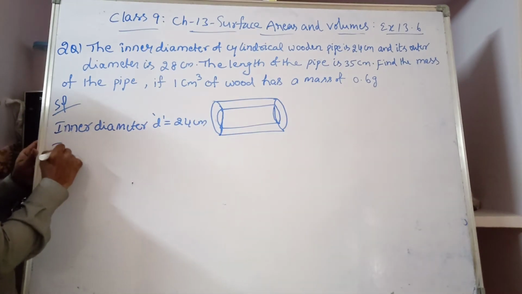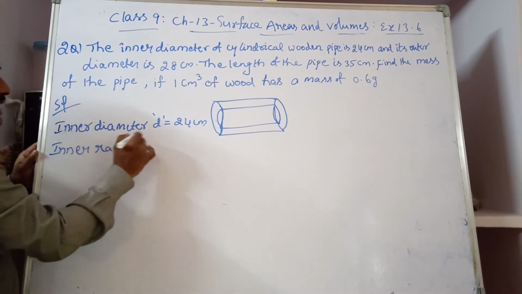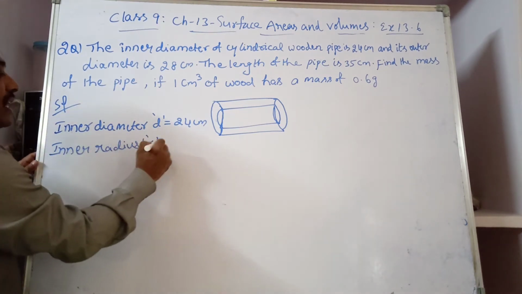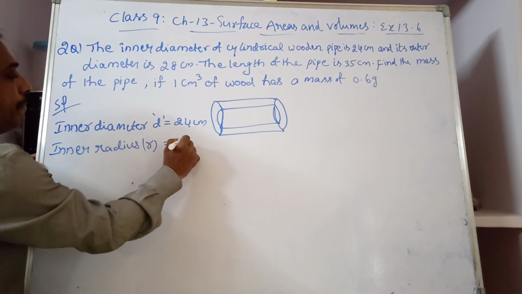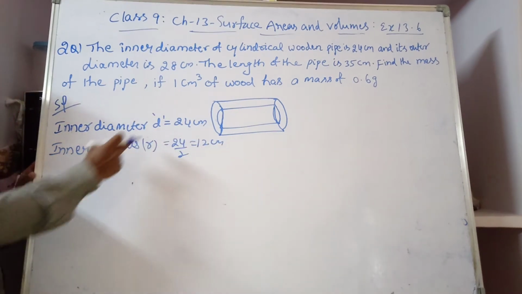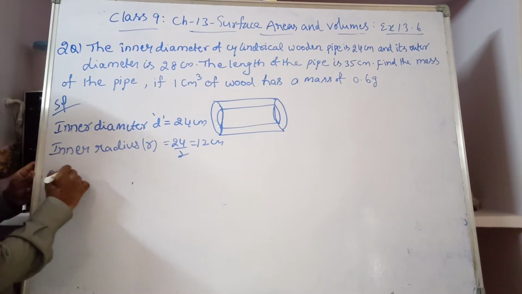Then inner radius. How to get inner radius? Yes, divide by 2. One is smaller and one is bigger. So 24 by 2 will give you 12 centimeter.